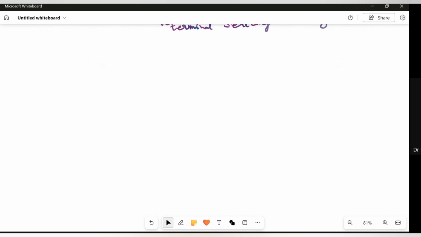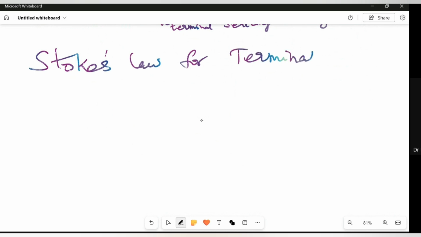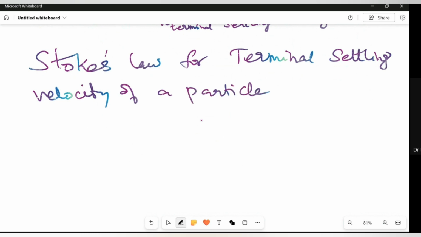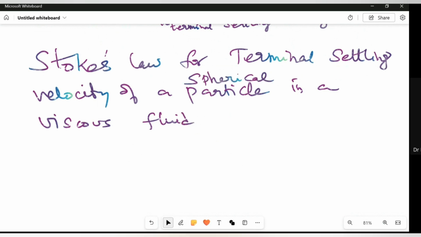Before starting the derivation of Stokes law for terminal settling velocity of a particle in a viscous fluid, the particle is going to be a spherical particle. Okay, so this is the derivation that we are going to make.